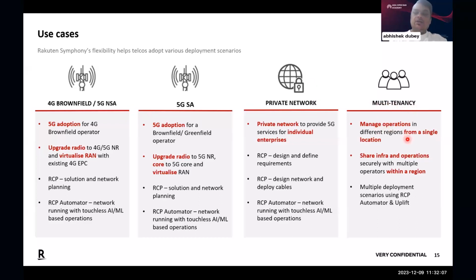It means from a single location you can manage multiple countries' operators. This can be a use case for the operator or the group that has multiple opcos in different countries. So that group headquarter can manage all the opcos' network functions from one location.